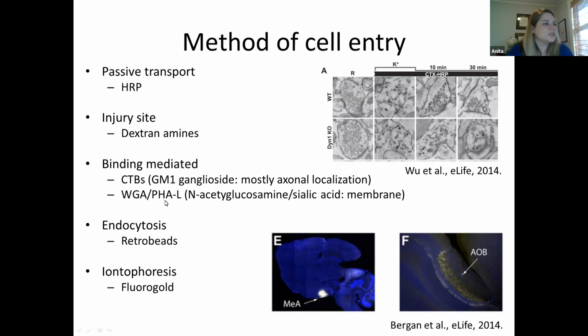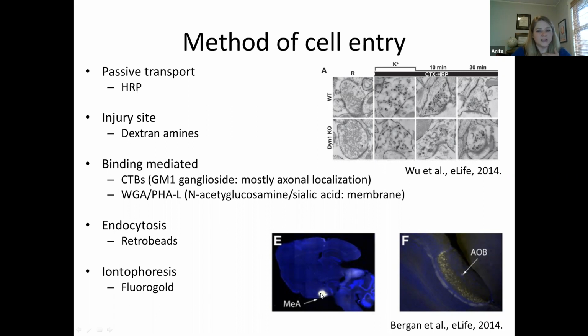And then WGA and PHA-L, two of these plant lectins, bind to sialic acid and N-acetylglucosamine on the membrane, and that allows them to be taken into the cell. Retrobeads appear to be endocytosed, and then Fluorogold can either enter through an injury site, or most people prefer to inject Fluorogold via iontophoresis. So here's an example.